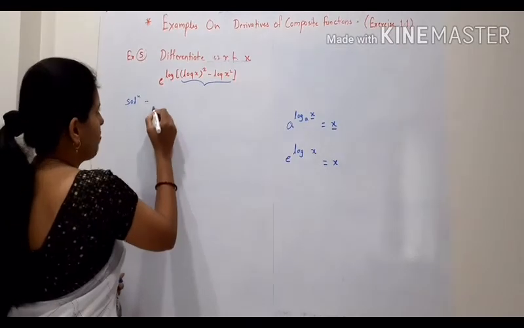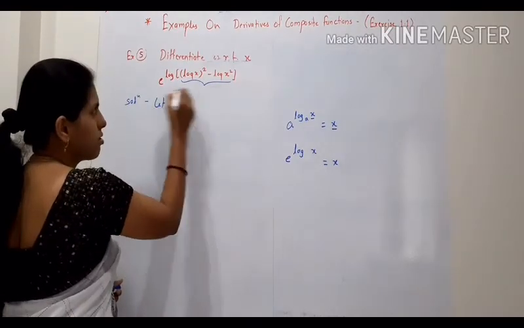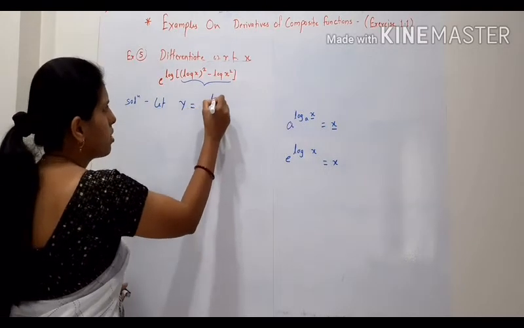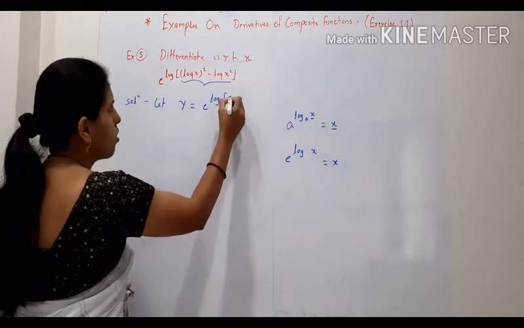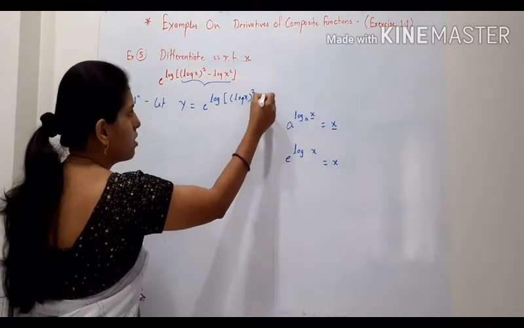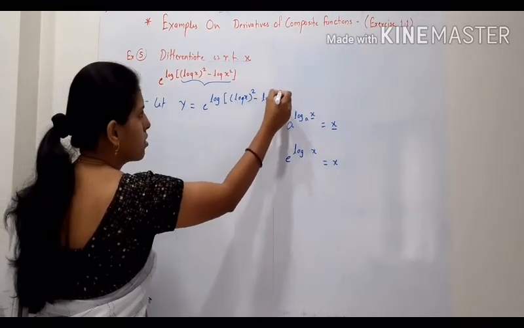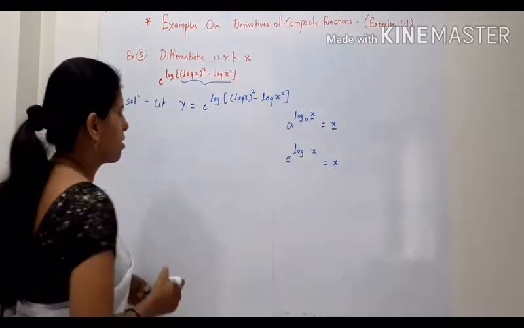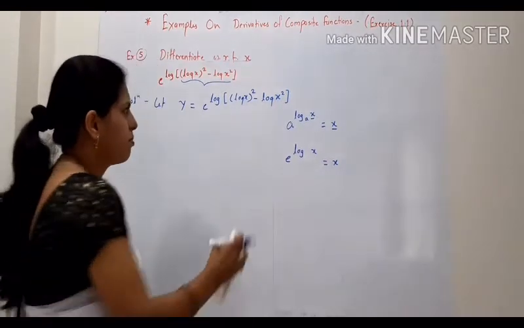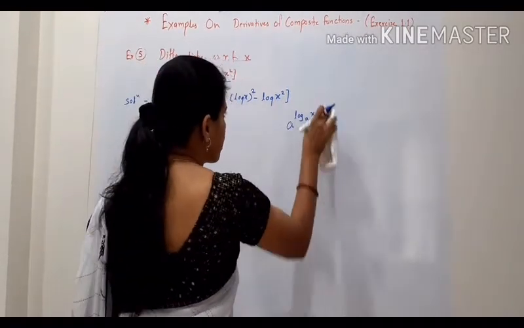So start. Let us first take this given function as y. y is equal to e raised to log of (log x)^2 minus log x^2. By using this property, we can write the next step.